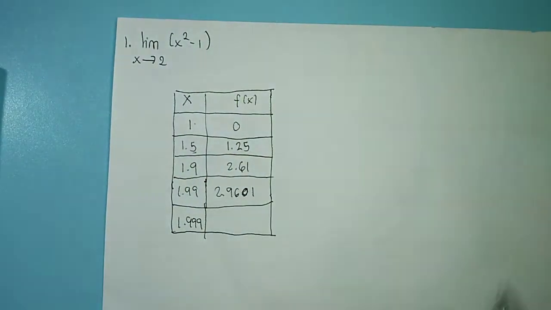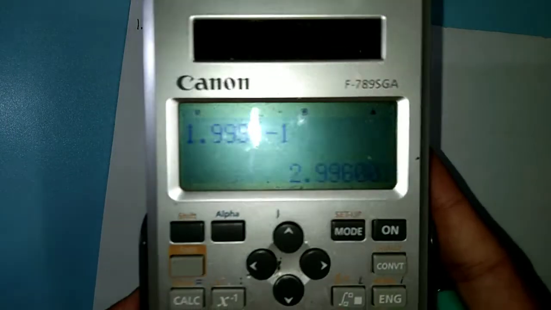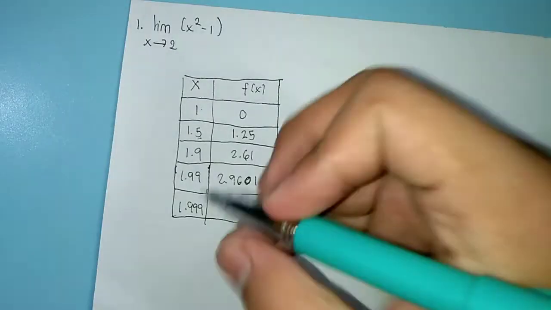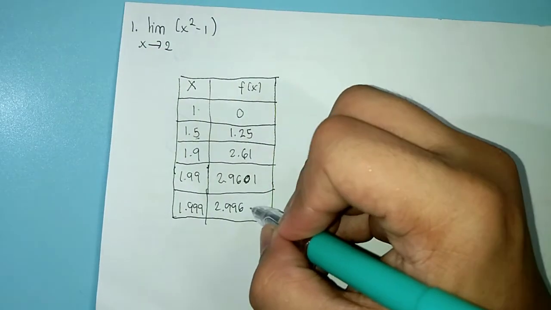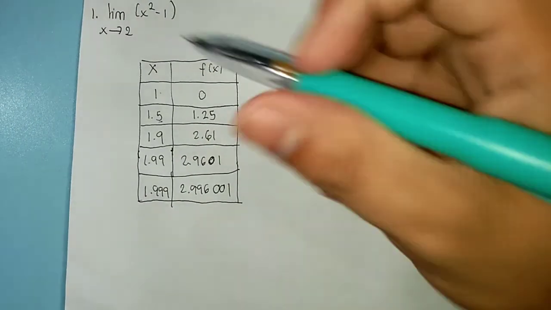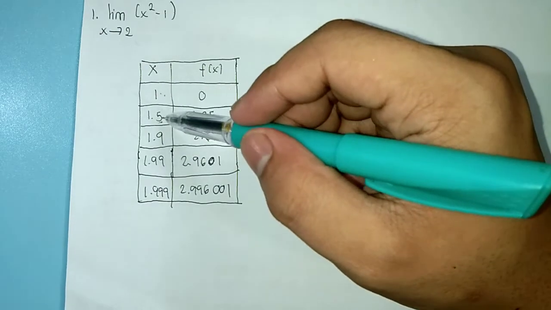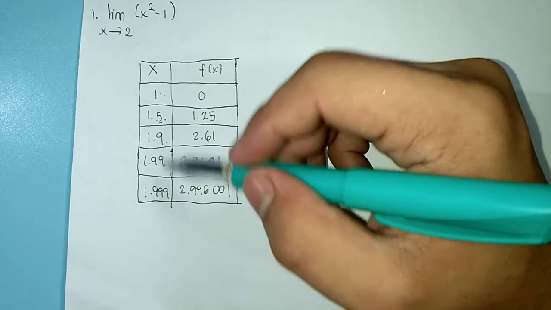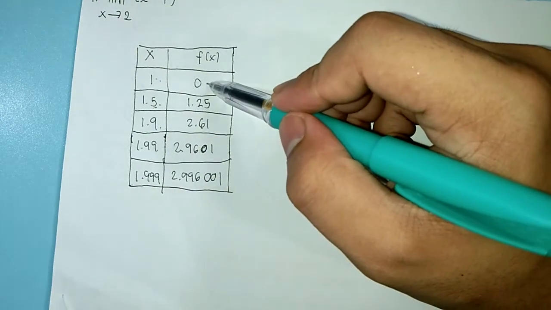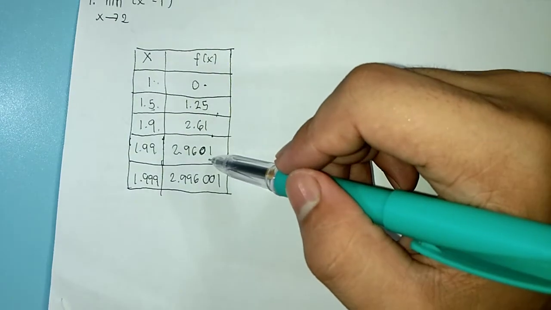Let's get closer with 1.999. The value of f of x will be 2.996001. So, what do you notice? As x approaches 2, from 1, what happens to the value of the function? It also increases, from 0 to 1.25, 2.61, 2.9601.